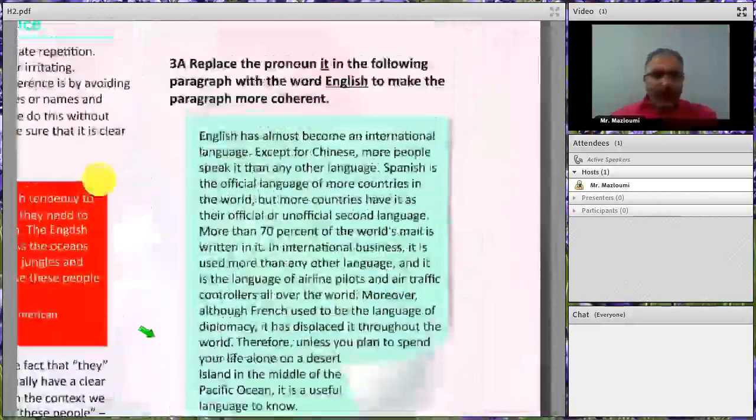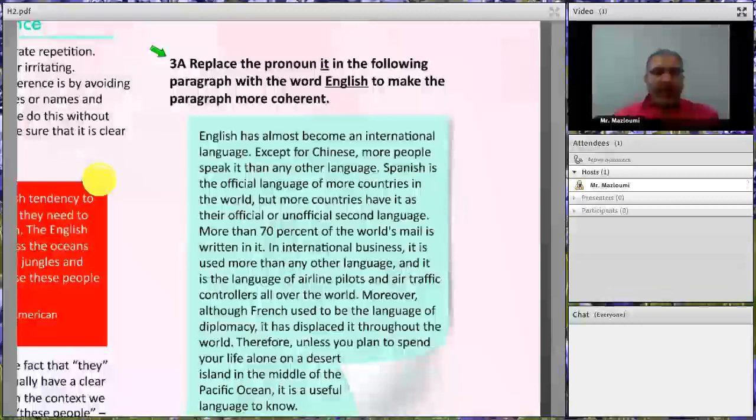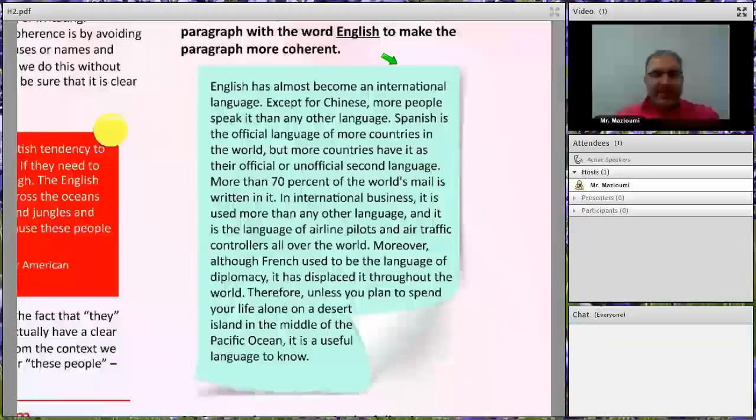Okay, let's move on. Exercise 3A. Replace the pronoun it in the following paragraph with the word English to make the paragraph more coherent. Well, guys, we've got a paragraph here. You're supposed to read it.